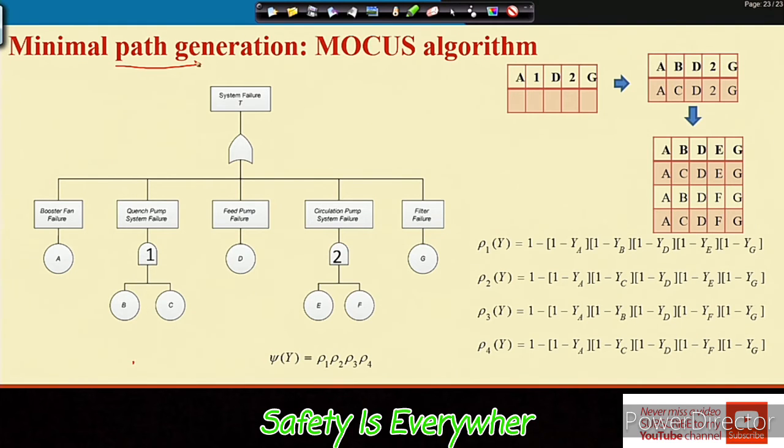So, in minimal path, for calculating the minimal path set, there are again two options.